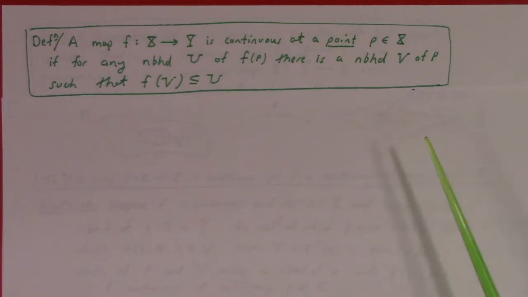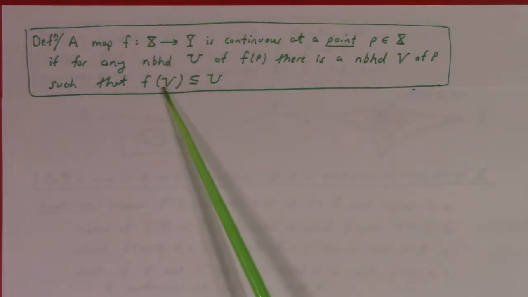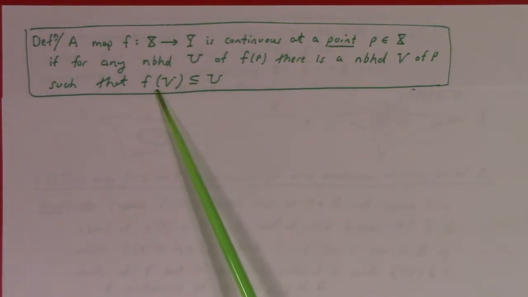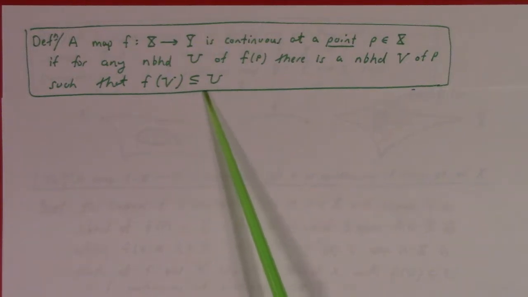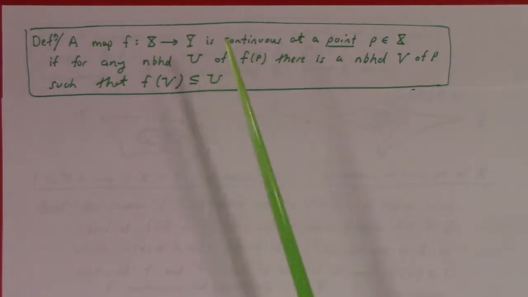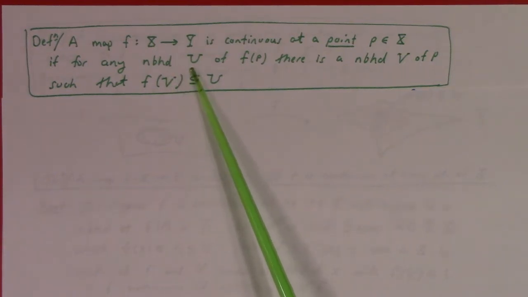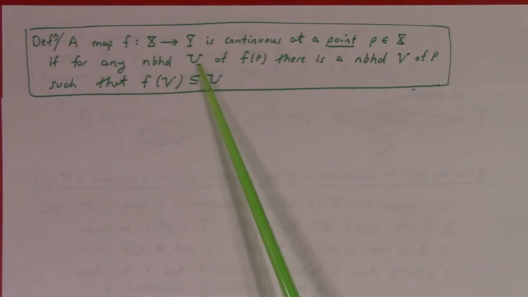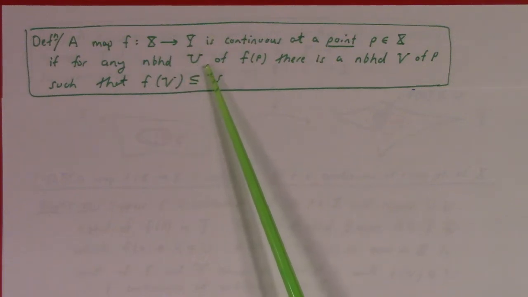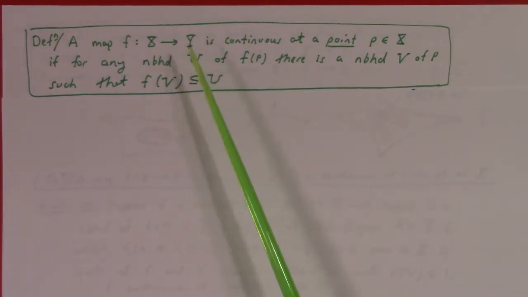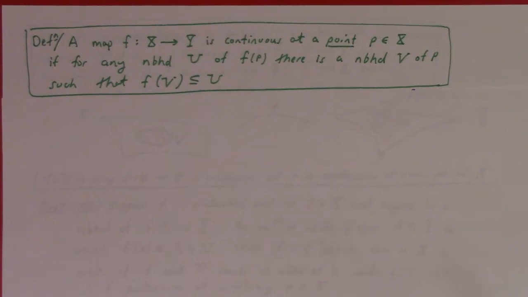V is a subset of f inverse of U, I believe. It's saying that there's a neighborhood in the domain in the inverse image of any neighborhood in the range, right? All right, anyway, this is the definition, so it is what it is.